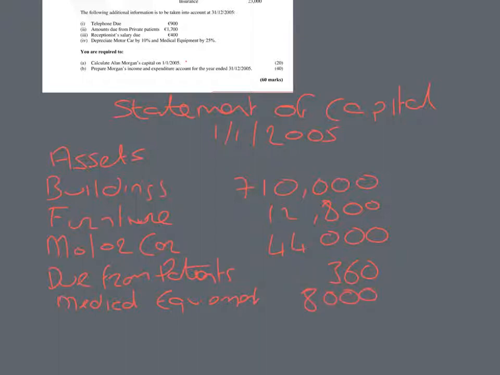And then finally we have cash at bank of 25,000. Now all we need to do is add all of them up.